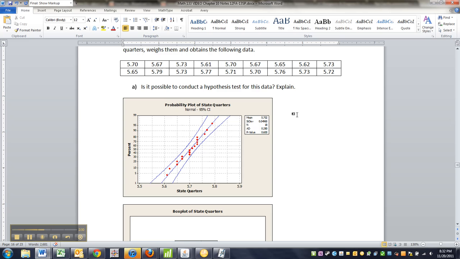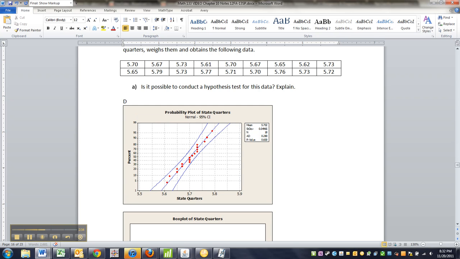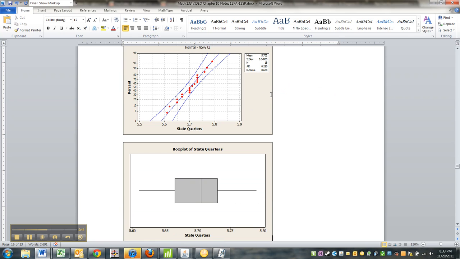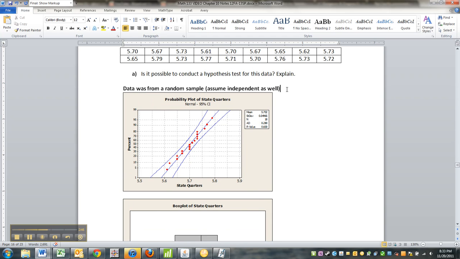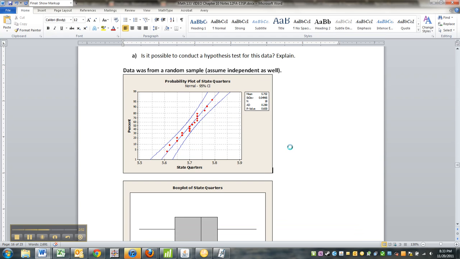So is it possible to conduct a hypothesis test for this data? Okay, well, first of all, we know that the data was from a random sample. We assume independent as well, right? The reason being, because it was a random sample, you assume that just because you have quarters of one weight in your pocket doesn't mean that it's affecting the weight of the other quarters, if that makes sense. Now, why are they giving you these pictures?